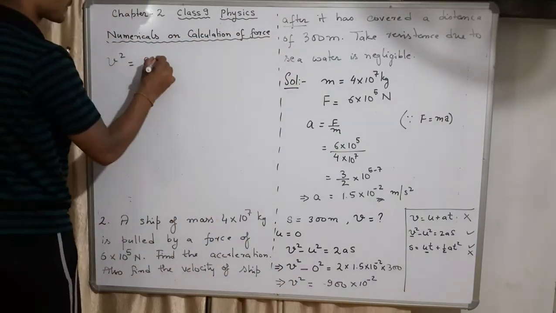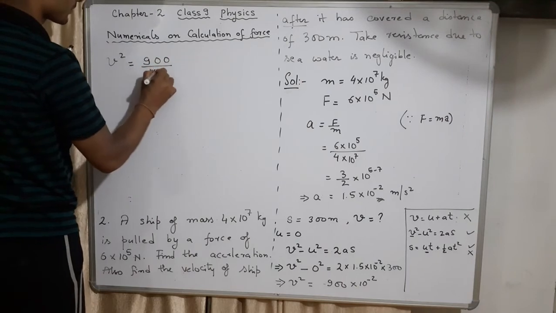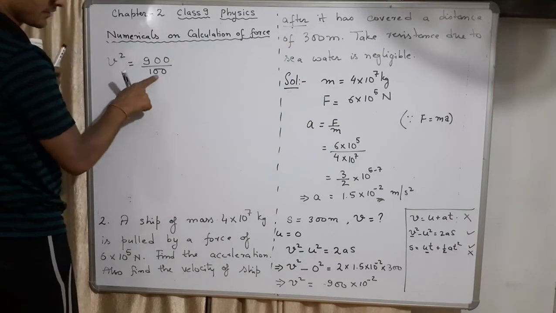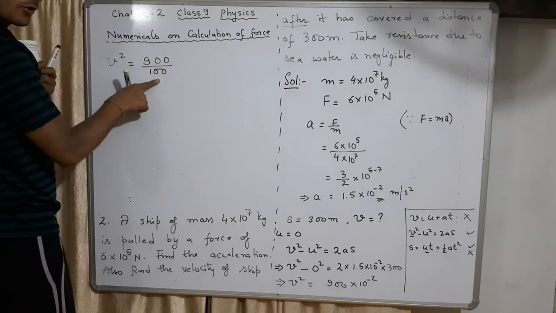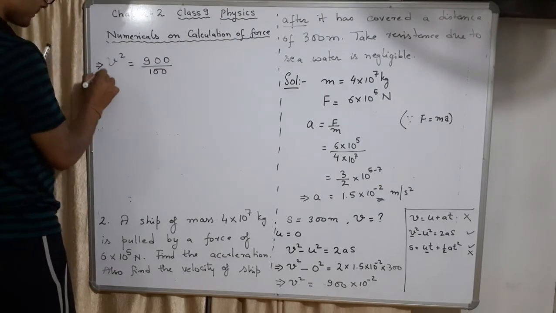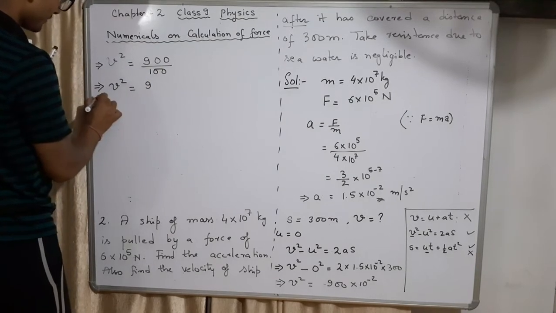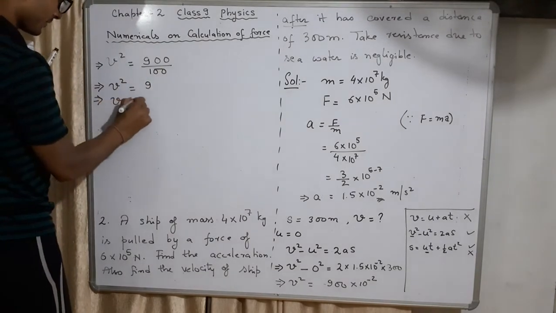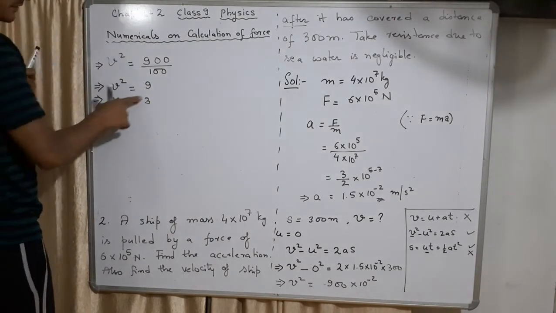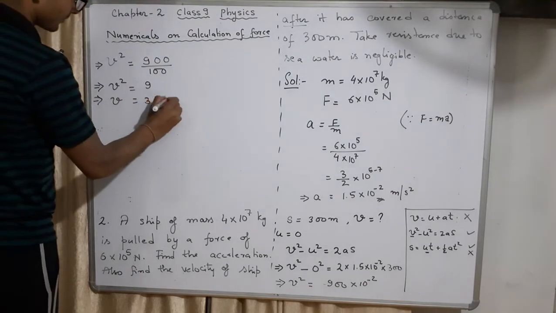If you did not understand, 10 to the power minus 2 is written like this. Whose square is 9? 3's square is 9, isn't it? So velocity is 3 meter per second.